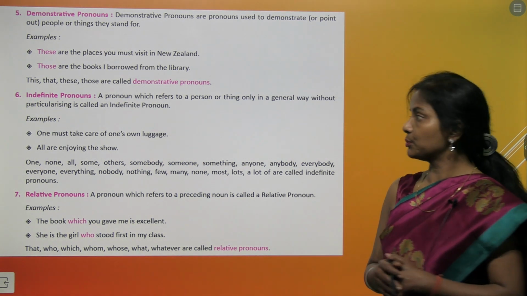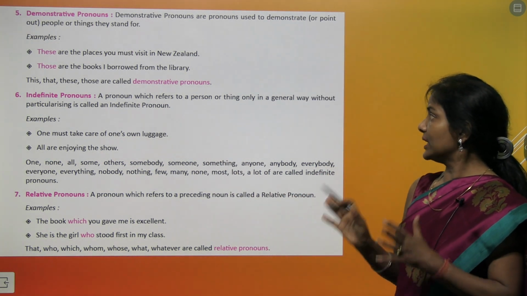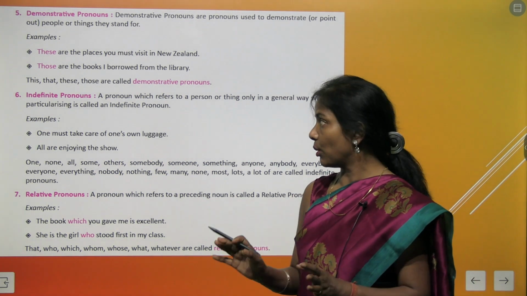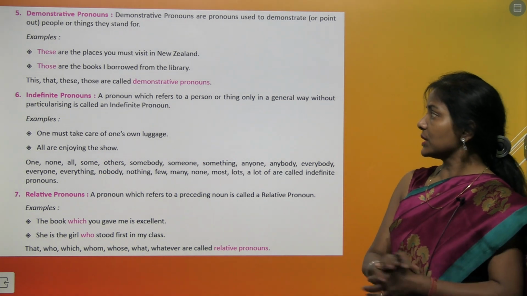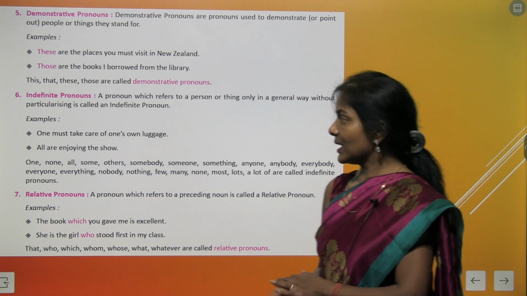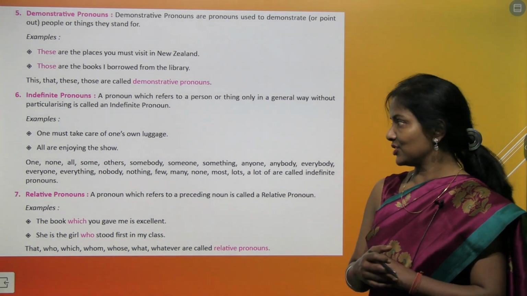Next is indefinite pronouns. A pronoun which refers to a person or thing only in a general way without particularizing it is called an indefinite pronoun. वो pronoun जो कि किसी person or thing को एक general way में refer करता है. Examples: one must take care of one's own luggage.